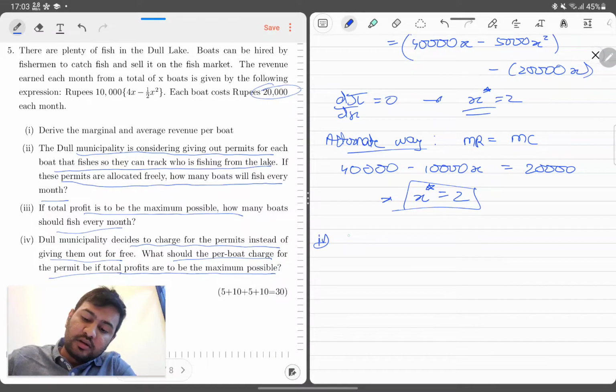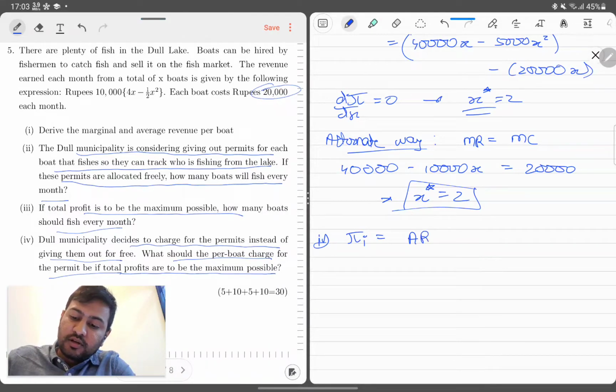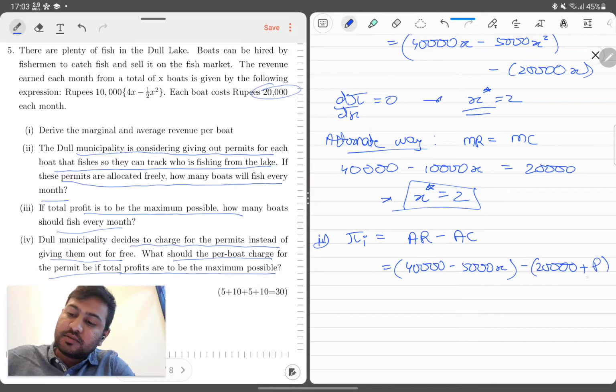So in that case, the profit for the ith firm becomes equal to average revenue minus average cost, which is 40,000 minus 5,000x minus (20,000 plus permit price P), where P is the permit price.